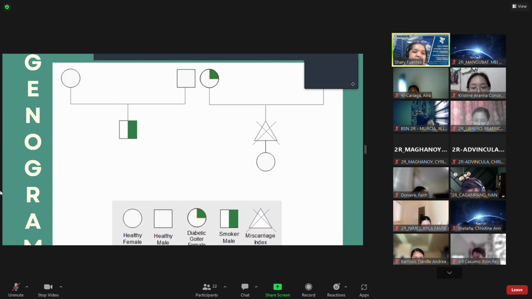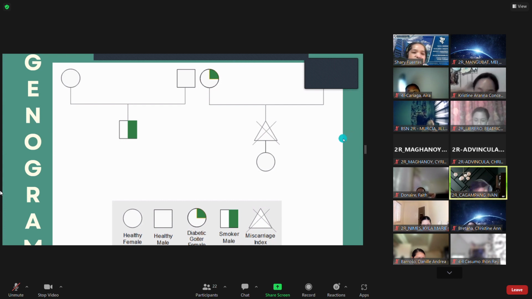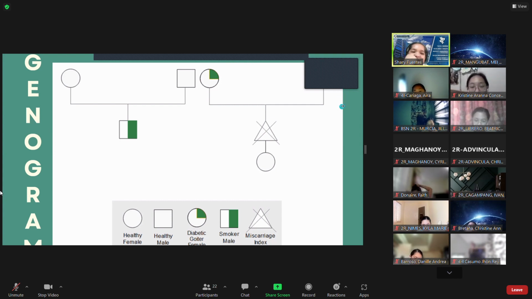Get your pen and paper. Okay, so we're going to have the genogram, it should always be 3 generations.